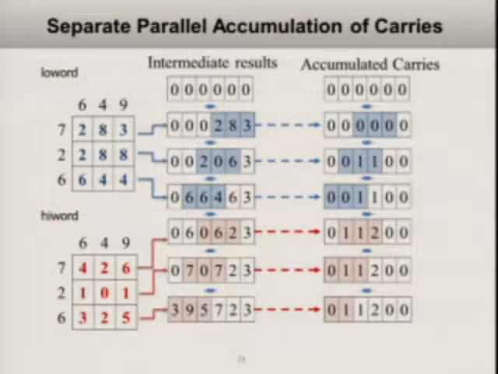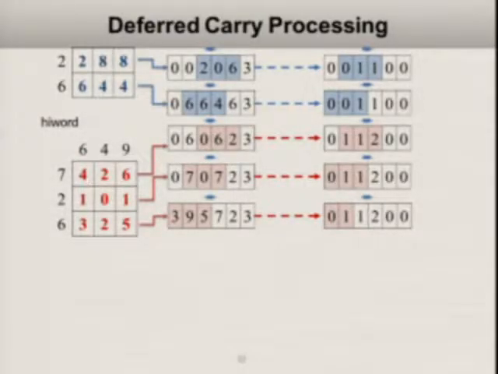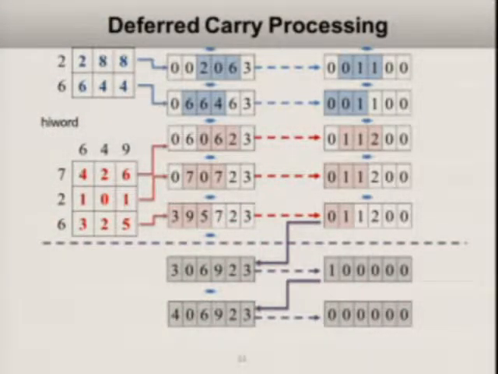We process the Hiword the same way. Next is accumulating these carries into the intermediate results. This step is basically the same as accumulating the Lowords and Hiwords. This process typically takes 1 or 2 steps, and in the worst case, it can take s-1 steps. So our algorithm has an order of s time complexity when you have s processors.